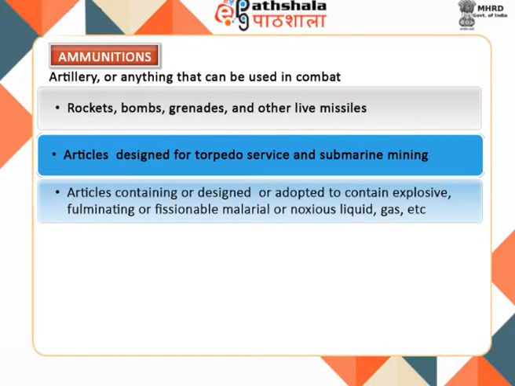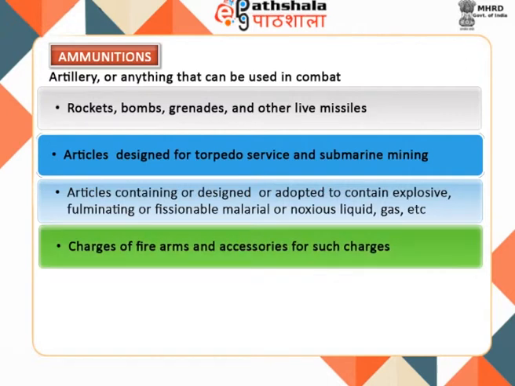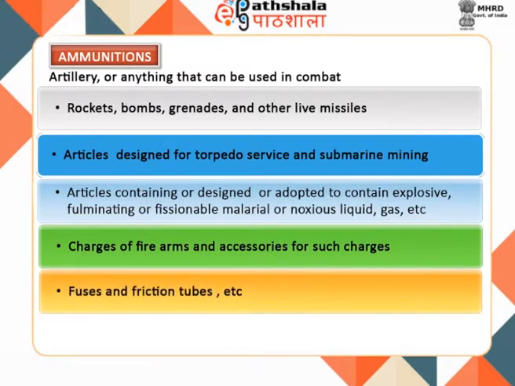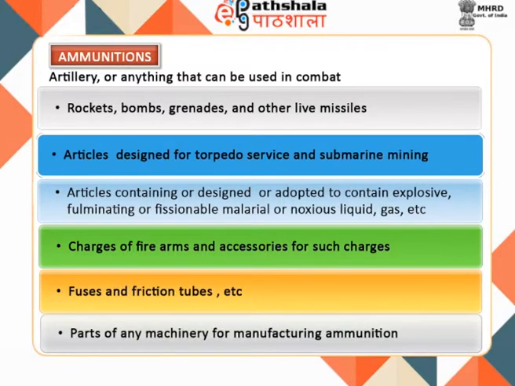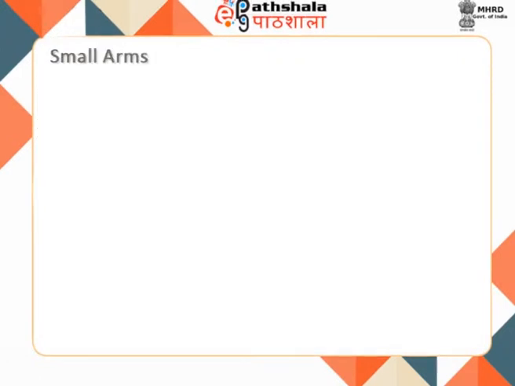C. Other articles containing or designed or adapted to contain explosive, fulminating or fissionable material or noxious liquid, gas, etc. D. Charges of firearms and accessories for such charges. E. Fuses or friction tubes. F. Parts of any machinery for manufacturing ammunition.